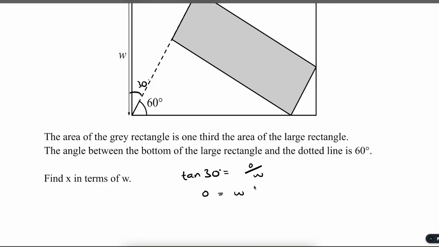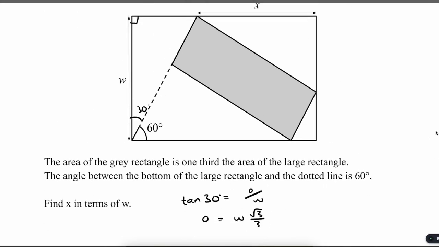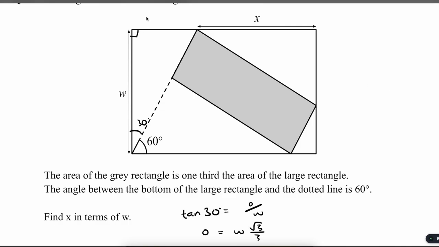And if you know your exact trig values, tan 30 is root 3 over 3. Actually, let's just leave it unrationalized to make it nice and neat, so we'll do W over root 3. So we know that now. We can work out this, so this here is 60 degrees, this is 90, which makes this 30 degrees. Okay, so let's work out this length here.